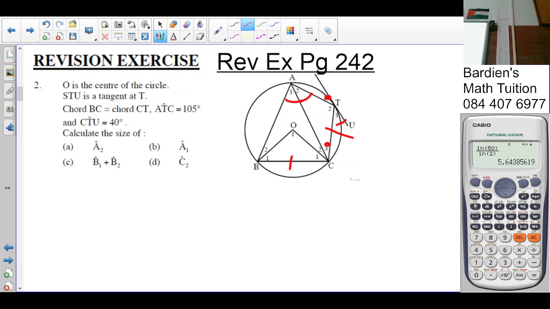Then we are told that CTU is 40. So that is 40, this is 40, that is 40, this is 80. Many angles can be sorted out. Can you guys see that? So, let's look at that quickly.